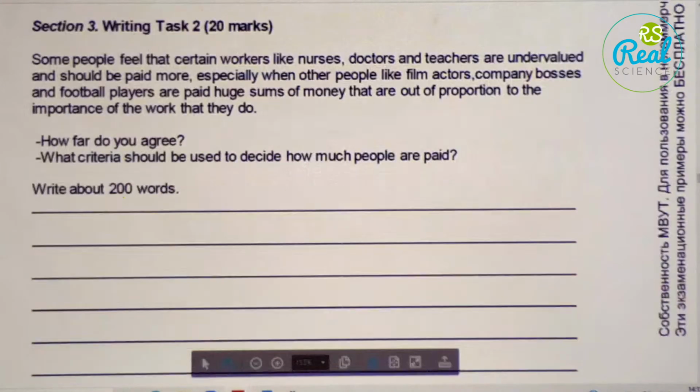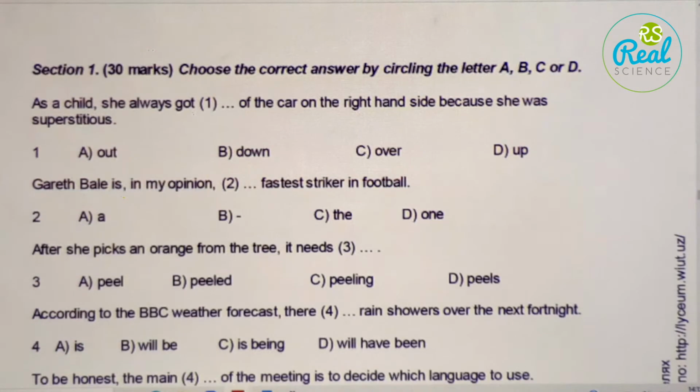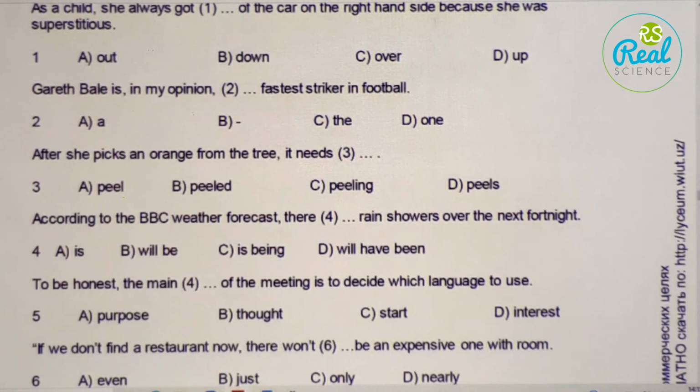Now let's move on. So the next test. Can you see from the first till the fifth one?